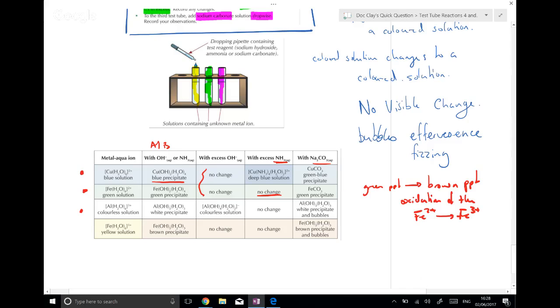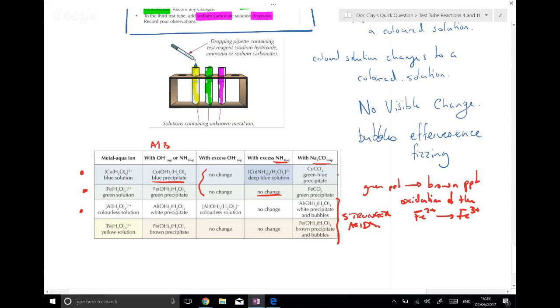Aluminium is of course not a transition metal, therefore there's no d-d transitions, and therefore we form white precipitates. We get a white precipitate because it's an acid-base reaction. It further reacts with OH-. There's no change with the excess ammonia, and here we get bubbles or effervescence or fizzing with carbonate, because these are stronger acids than the Fe2+ or the copper 2+.